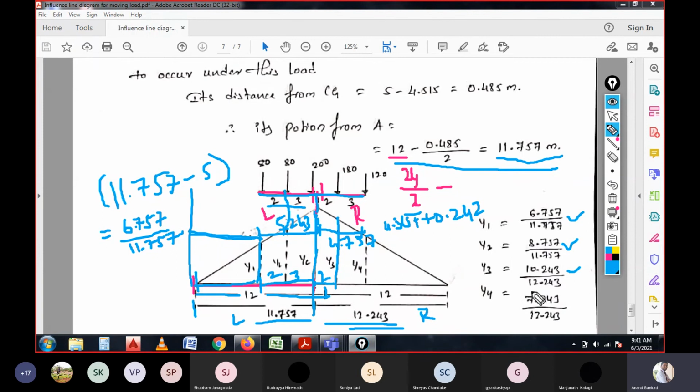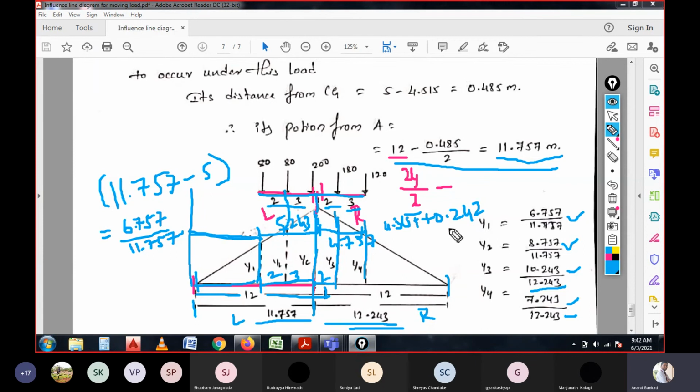that is written for the total span of 12.243. And next for y4, on the right side we need to consider from the support, so it is 12.243 minus 2 plus 3, that is 5. 12.243 minus 5 will be 7.243, and dividing with the total distance, that will be the coefficient values for the sections.